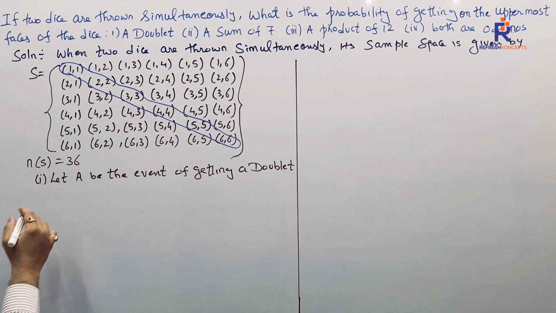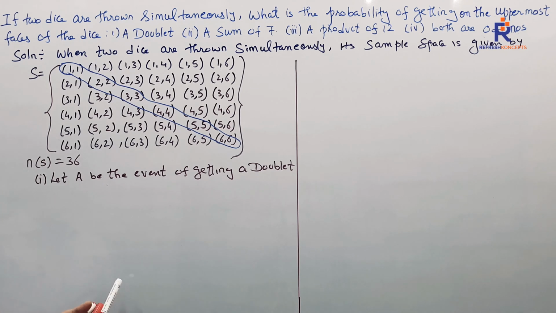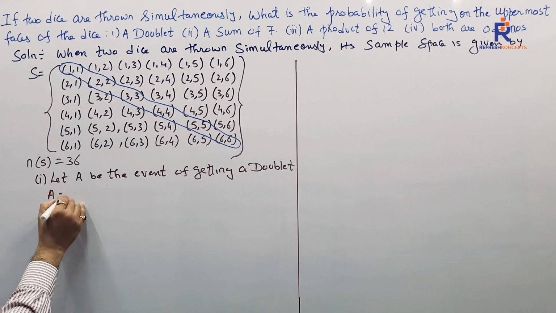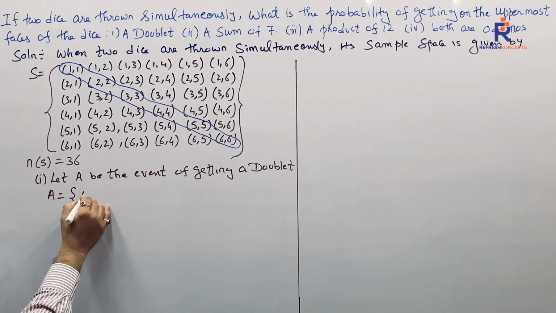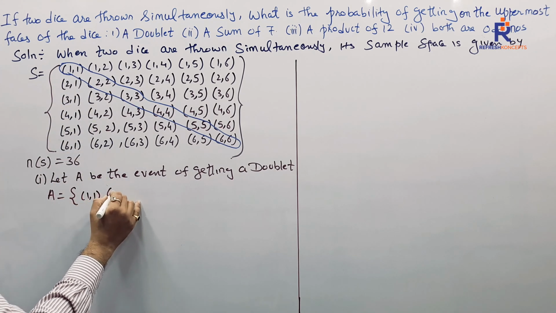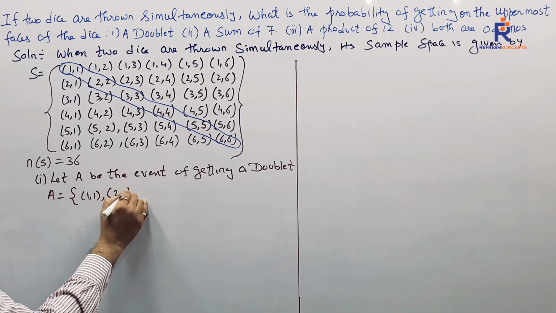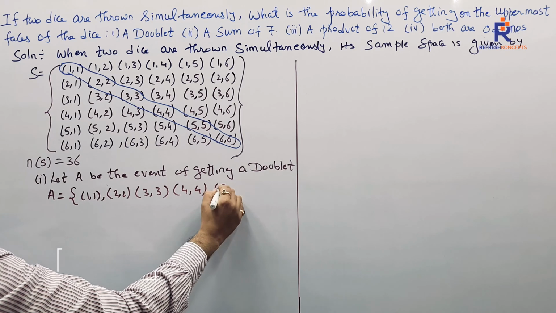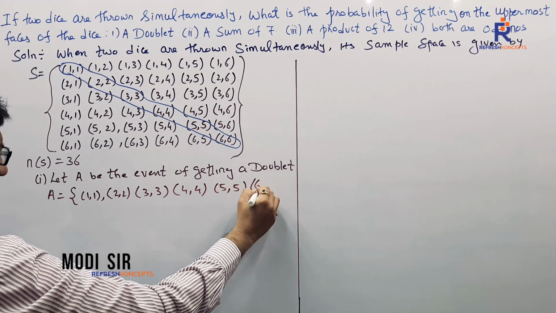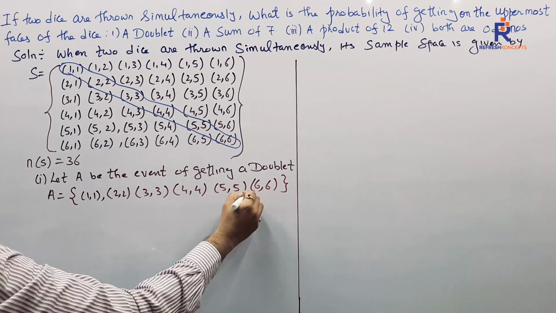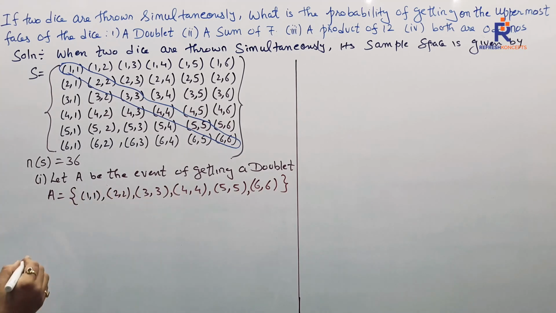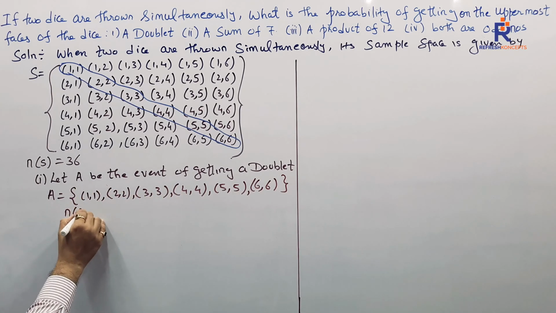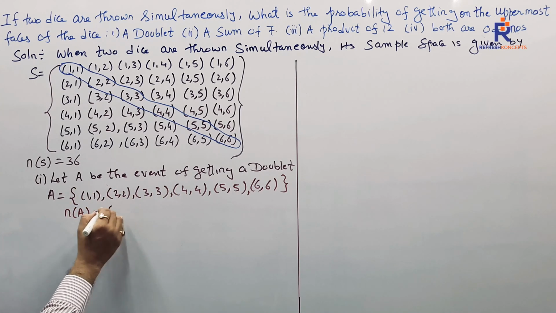So let A be the event of getting a doublet. Event A has what sample points? 1 1, 2 2, 3 3, 4 4, 5 5, 6 6. So how many sample points are there, children? n(A) is 6.